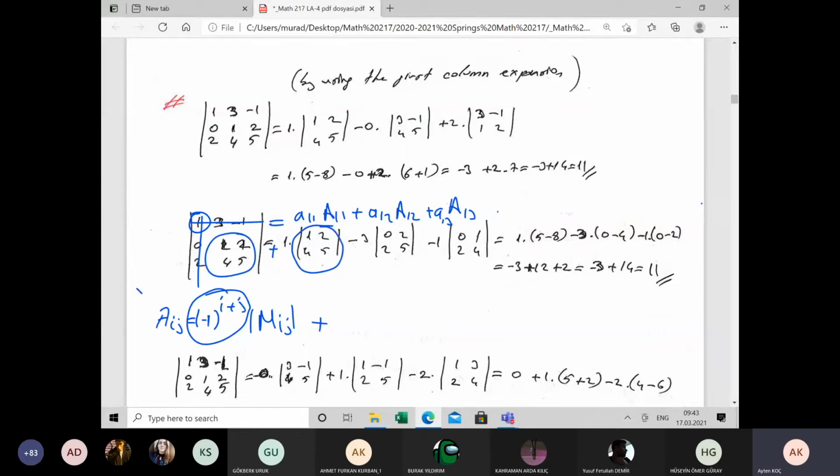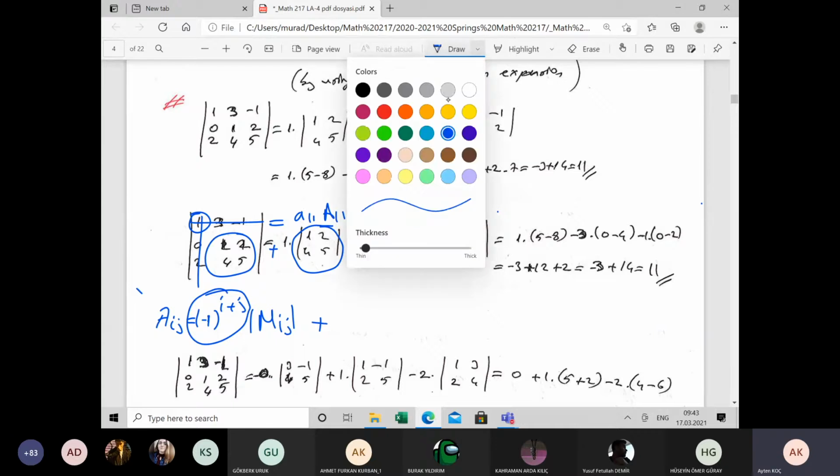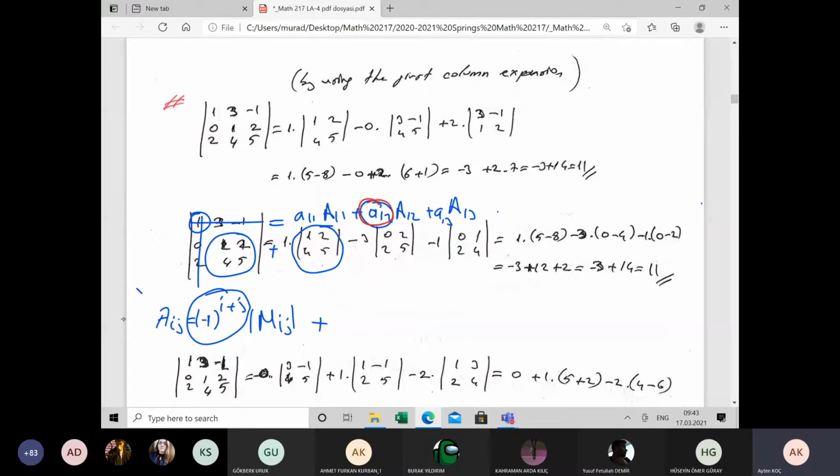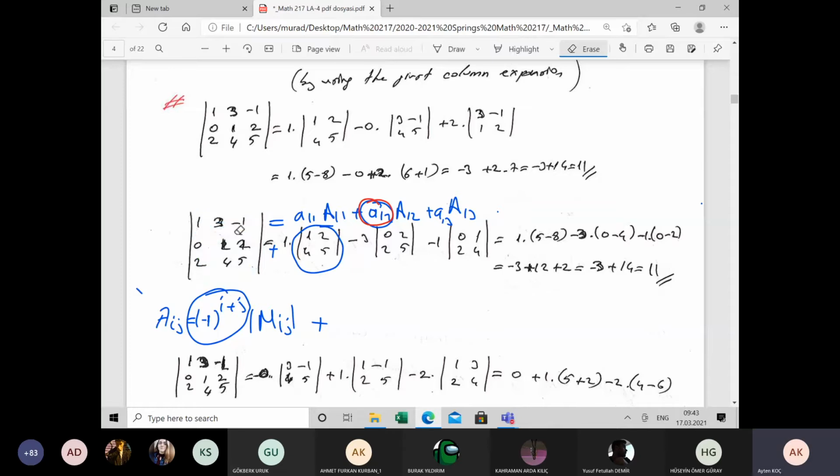Next entry of the first row, because we use the first row expansion. Take a sub 1 2, and look at the position of this entry: first row, second column. So delete the first row and second column.